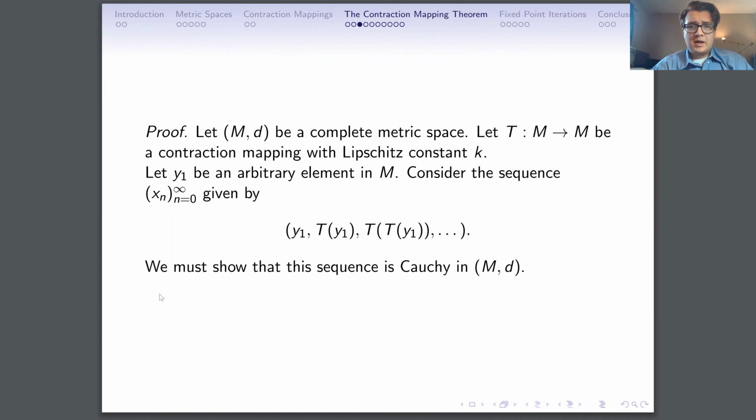So let's consider a complete metric space with a contraction mapping with constant k, and let's consider the sequence of the form discussed earlier: y1, T of y1, T of T of y1, and so on and so forth. Let's show that this sequence is Cauchy.